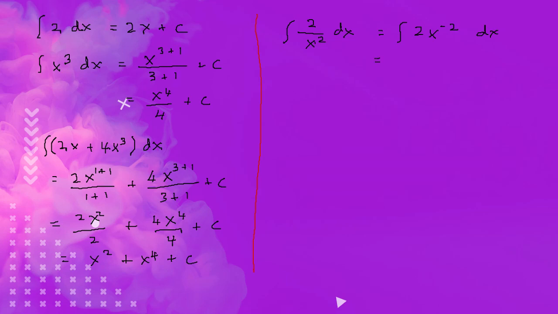This one we will get 2x raised to the power of negative 2 plus 1 over negative 2 plus 1, plus c. So this one we will get 2x to the power of negative 2 plus 1, which is negative 1, over negative 1, plus c. Simplify this one, we will get negative 2 over x plus c.